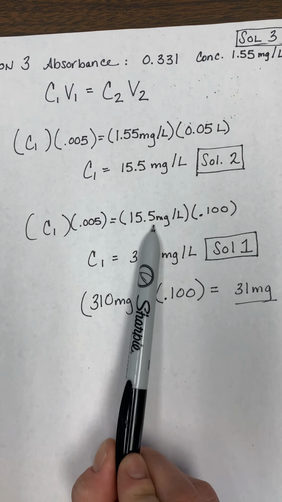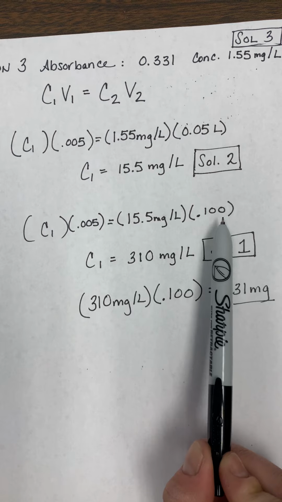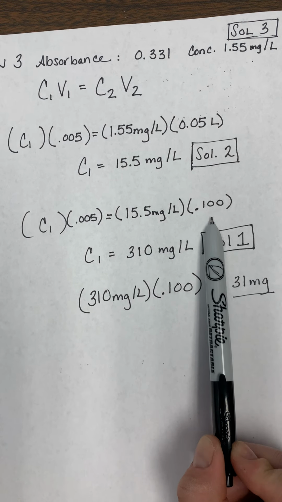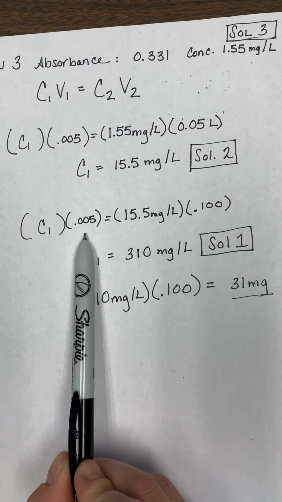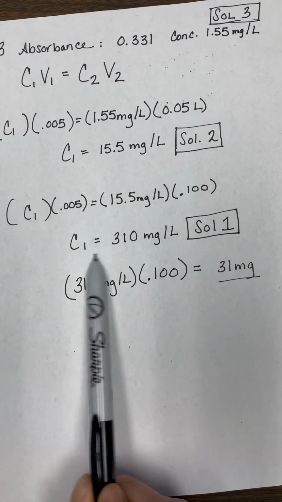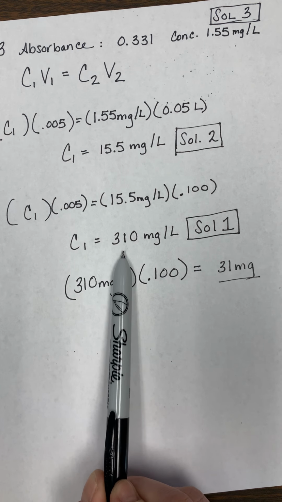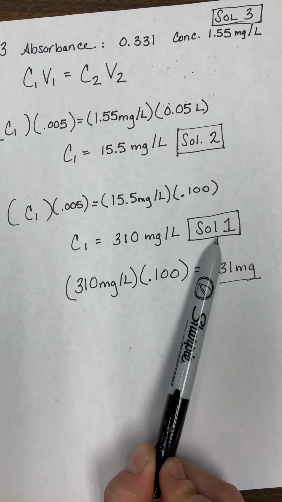Same thing, we take our concentration of solution 2. As you remember, we made 100 milliliters of that, so this is converted into liters. We used 5 milliliters of solution 1 to make it, and we don't know the concentration. Rearranging for that, we get solution 1 being 310 milligrams per liter, okay?